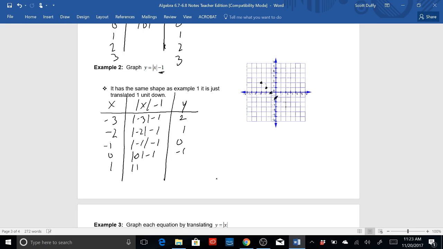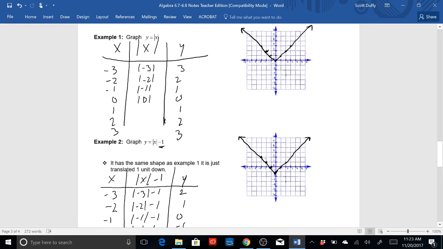Then 1: absolute value of 1, minus 1 is 0, so I'm back up to (1, 0), and it's going to continue going like this. Still a V-shaped graph. So what we see is that when there's a -1 outside of the absolute value, it moves the graph down 1. If it was a +1, it would have moved it up 1 from the original mother graph.